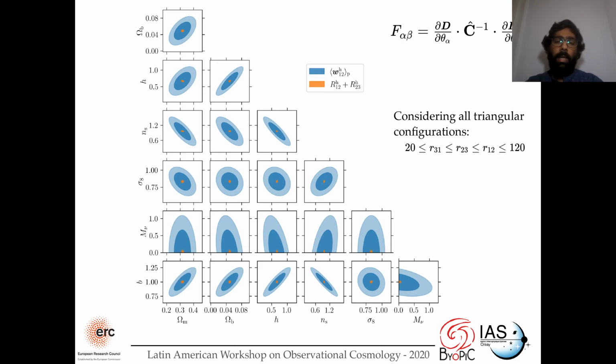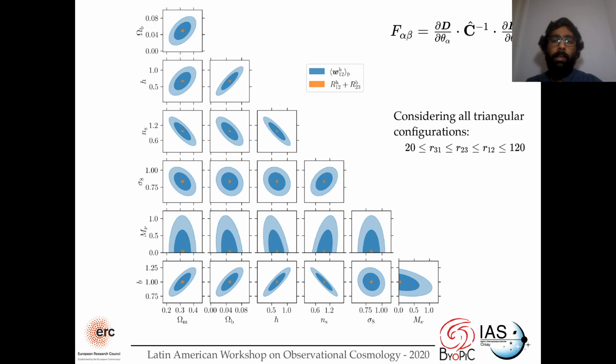Using the Quijote simulations, where we measured the covariance matrix directly, and also the necessary derivatives, we get the joint Fisher posterior, as you can see.